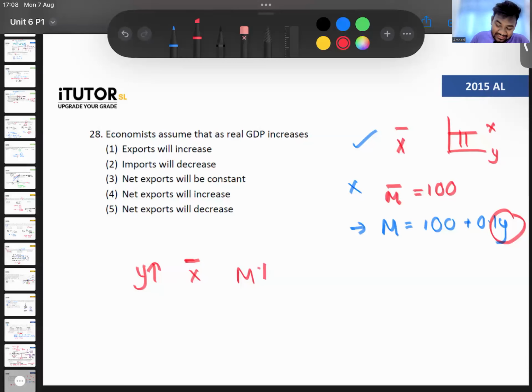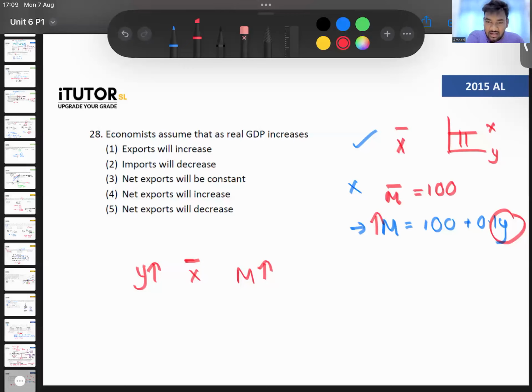Imports will increase, right? If Y is 100, then this is 10. If Y is 1000, this is 100. So whenever Y keeps on going up and up, imports go up. Now think practically. If a country's national income is increasing, people's income is also increasing, what are you going to do?